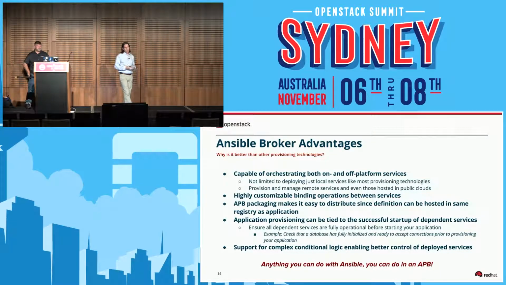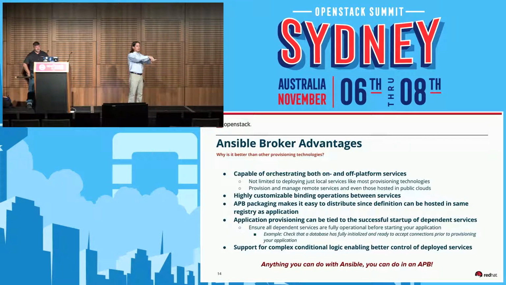And then the other thing we find is really cool, and it's lacking in pretty much all the other technologies, is the ability to wait on dependent services. Say, for instance, you're starting Glance, and then you're waiting on the database to start. Well, if you look at a lot of the other ones, the downfall is you start the first container image, but it's not ready yet, and you start the second service, which is dependent upon the first service.